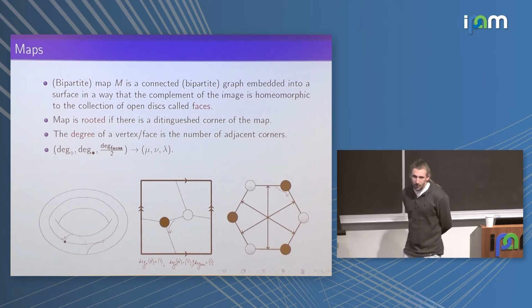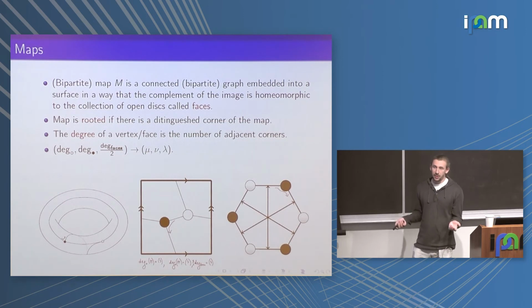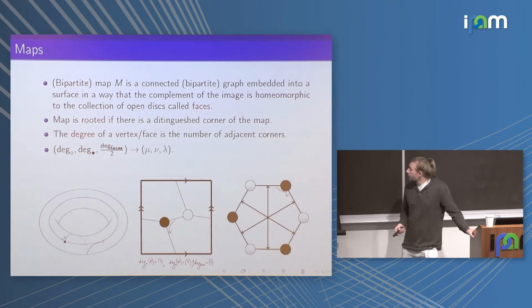Roughly speaking, a map is just a graph which is drawn on a surface. The surface for me can be orientable or non-orientable. I want to say it because some people only treat maps as orientable objects. My graph is drawn in a surface in a way that if I cut the surface along this embedding, I obtain a collection of open disks.